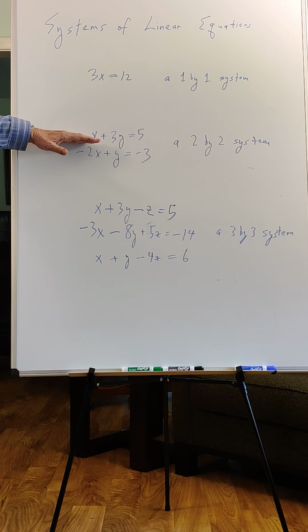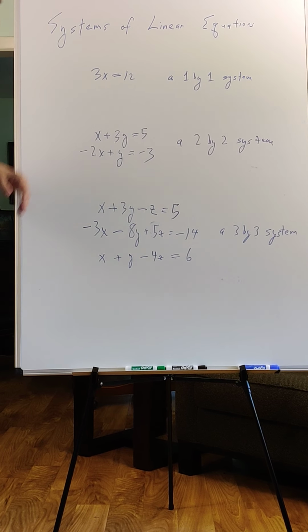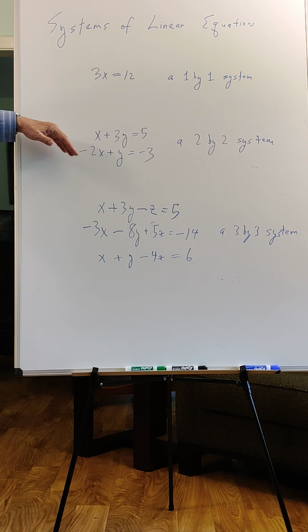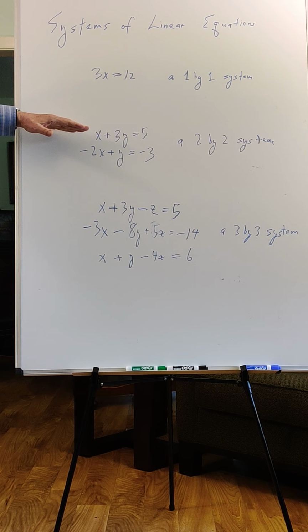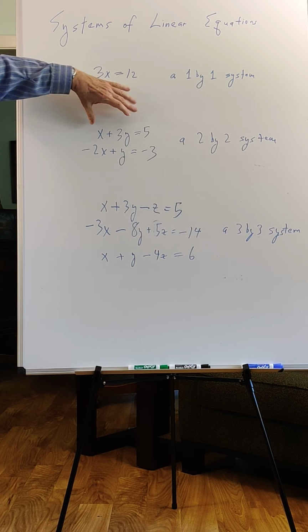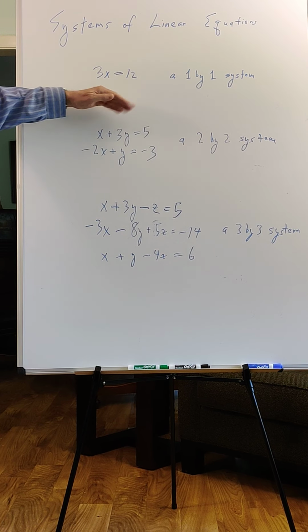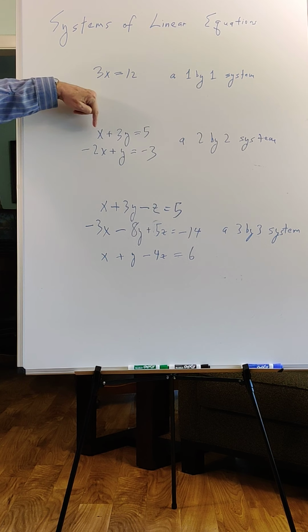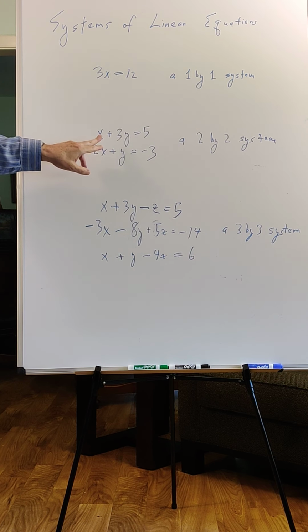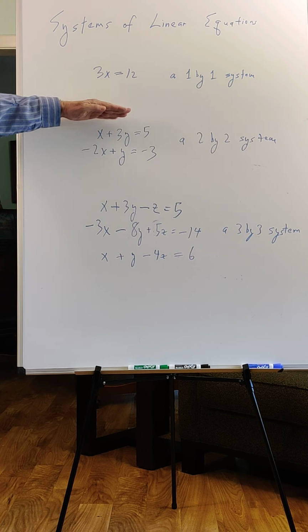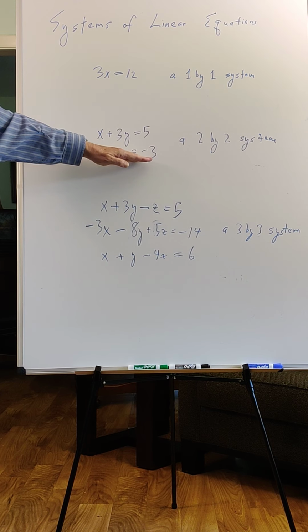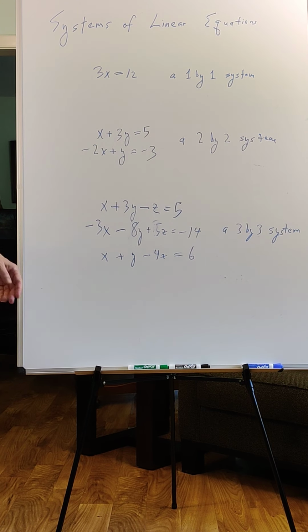Here's a 2-by-2 system, and these kinds of systems will be our focus this morning. So we have 2 equations and 2 unknowns. We want to find the numerical values for x and y that make both equations true simultaneously. That's what it means to solve a system.